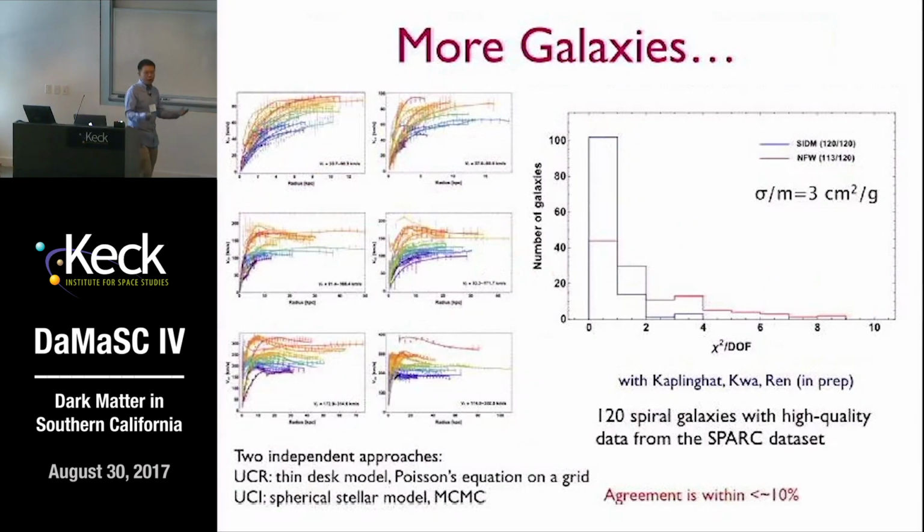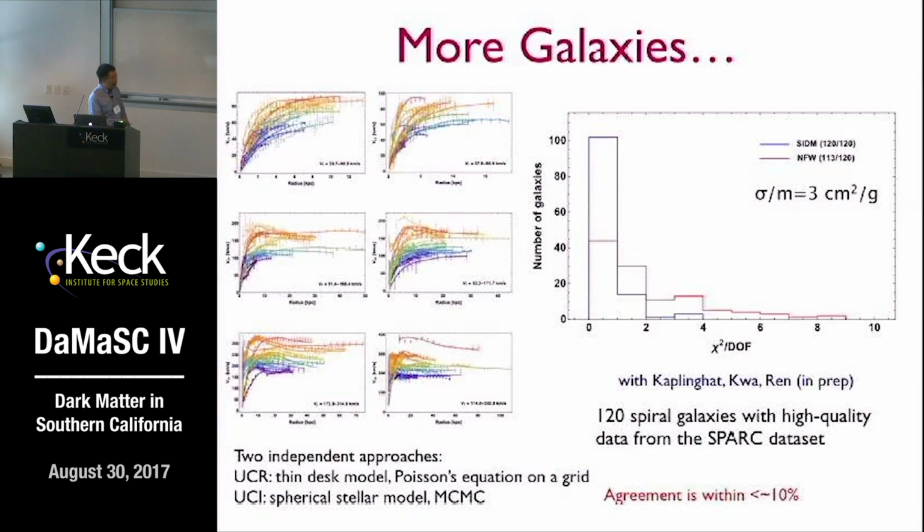So we can move on and consider more galaxies. Recently we have done a new analysis, mainly led by Anna Kwai, who is in the audience, Manoj's student, and my student at Riverside, Tao Ren. We consider 120 galaxies with 2 independent approaches.